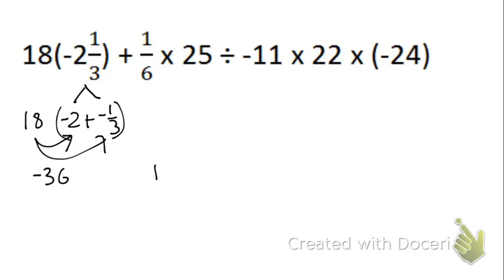Right there, by now you guys should know that if I'm multiplying by 1/3, that's pretty much the same thing as dividing by 3. 18 divided by 3 is 6. But since it's a positive 18 multiplied by -1/3, we should get -6. So for that, we should get -42.